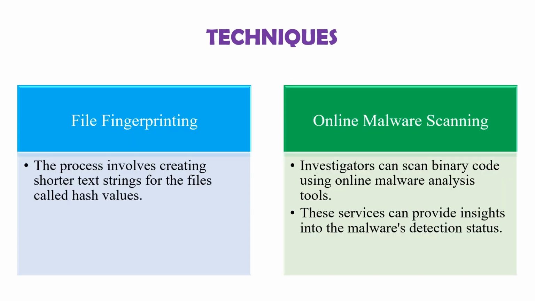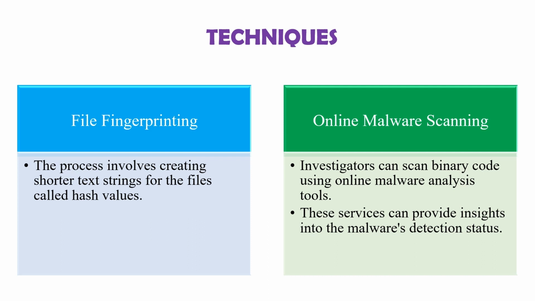So the first one is file fingerprinting. It means the process of calculating the hash value of the code before carrying out investigation. Here different hash calculators are used for this task like HashCalc and HashMyFiles.